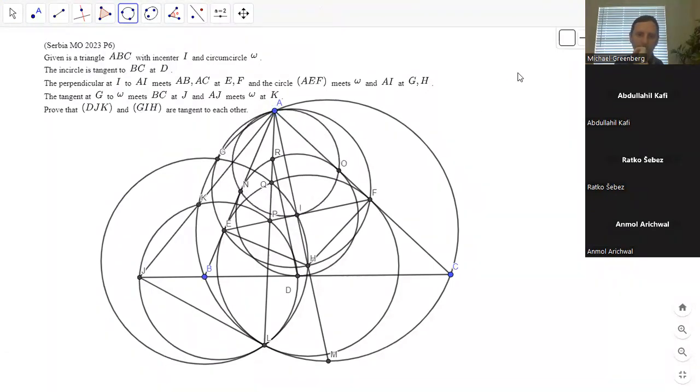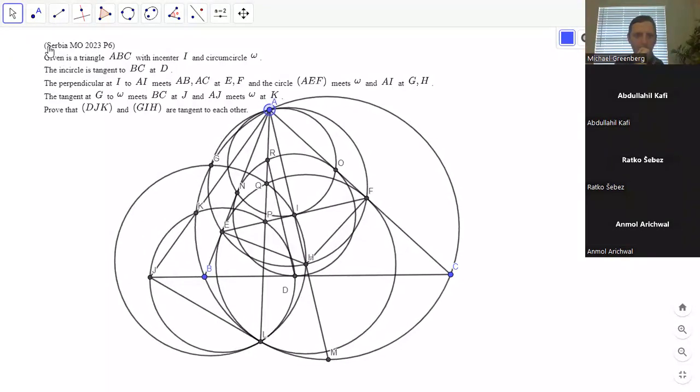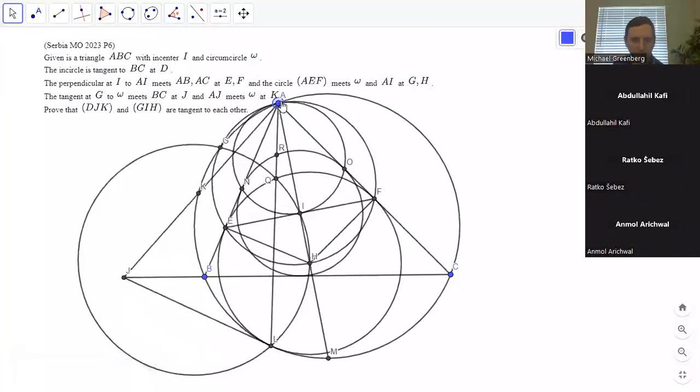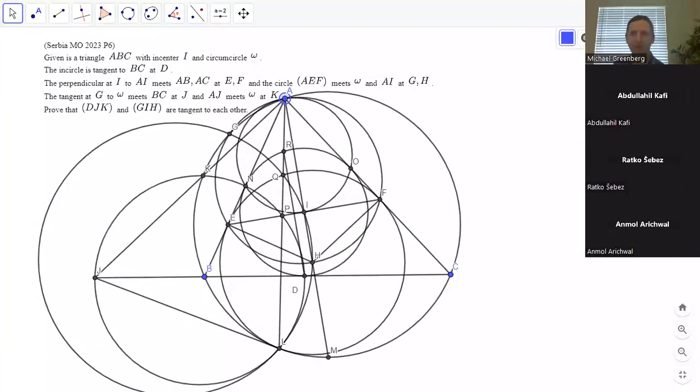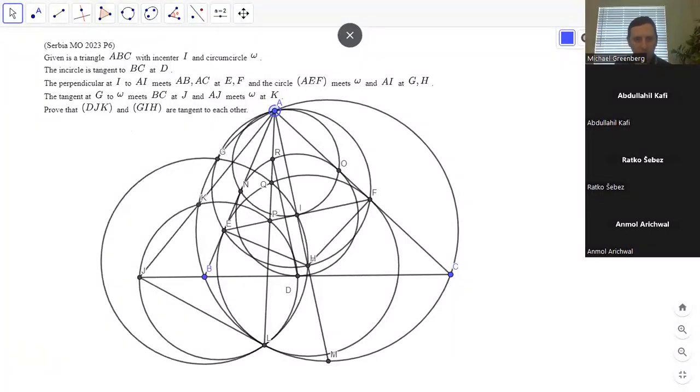These two circles are going to be tangent. It almost looks like these concur. Do they actually concur? No, they don't. It was a trick. Okay.